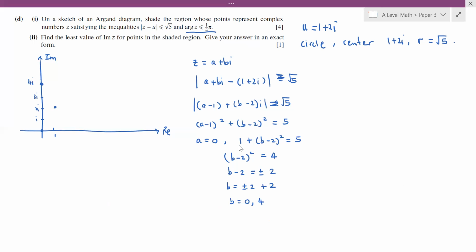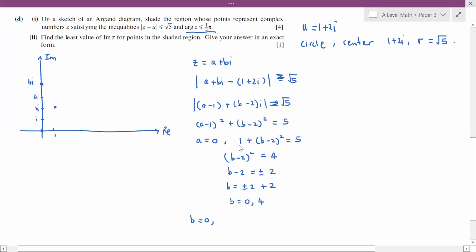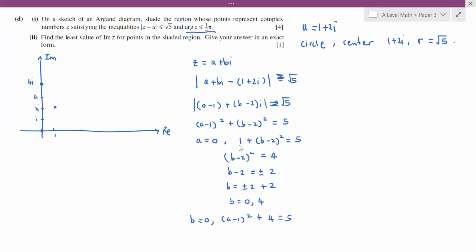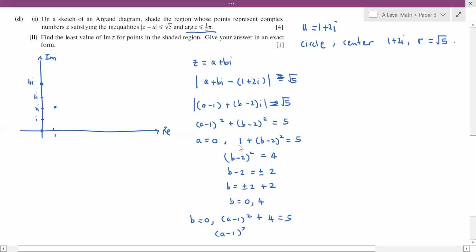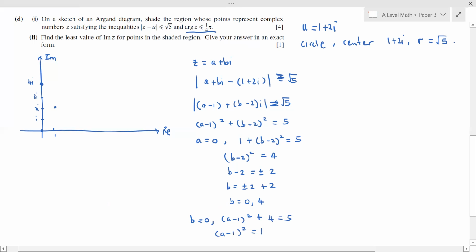So when we set b to 0, we have (a minus 1) squared plus 4 equals 5. So the square of a minus 1 is 1, and a minus 1 is plus or minus 1, or a is plus or minus 1 plus 1.